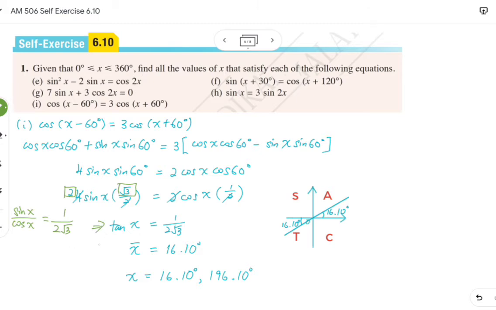Okay, therefore we get tangent x is 1 over 2 3. So the corresponding reference angle will be 16.10. So put into the quadrant, we put 16.10 in quadrant 1 and quadrant 3 because of the positive values of tangent x. So we know x will be 16.10 degree and 196.10 degree.